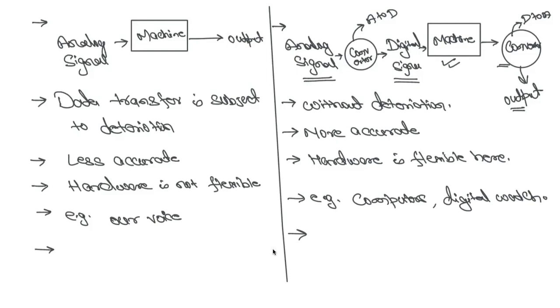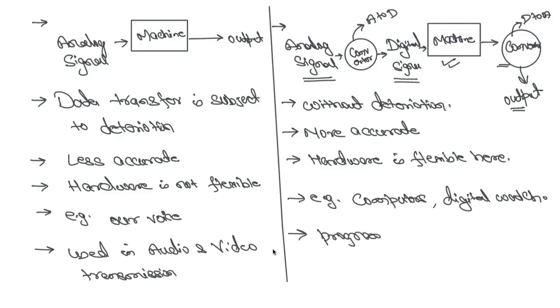No. Used in audio and video transmission. Right? And it is in any program or computation logic, right? Why? Basically, it is not about which one is cheaper, which one is easier, which one is more efficient in audio and video.